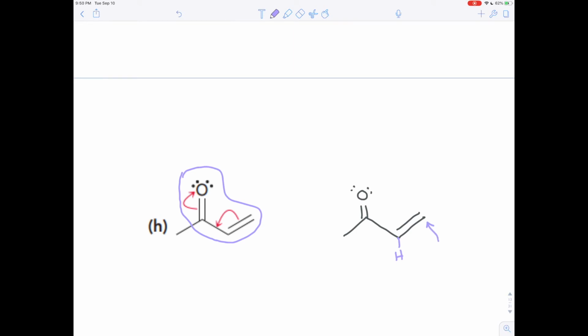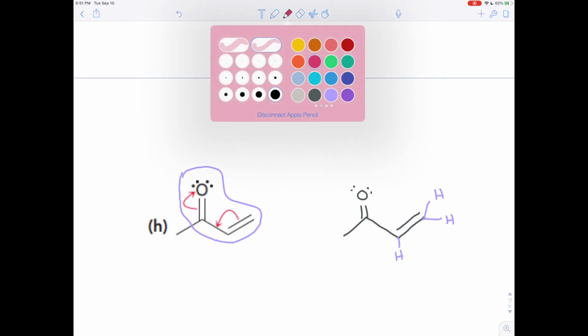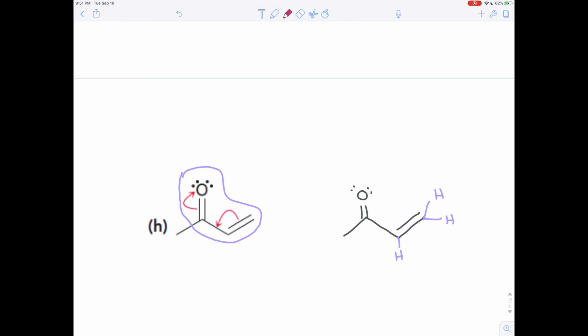And this carbon here has no formal charge, so it needs 4 bonds. 1, 2 are already drawn, and so it just needs 2 more. Those are going to be 2 invisible hydrogens. So now that those hydrogens are drawn in, we can look at the curved arrows and see how the electrons move.